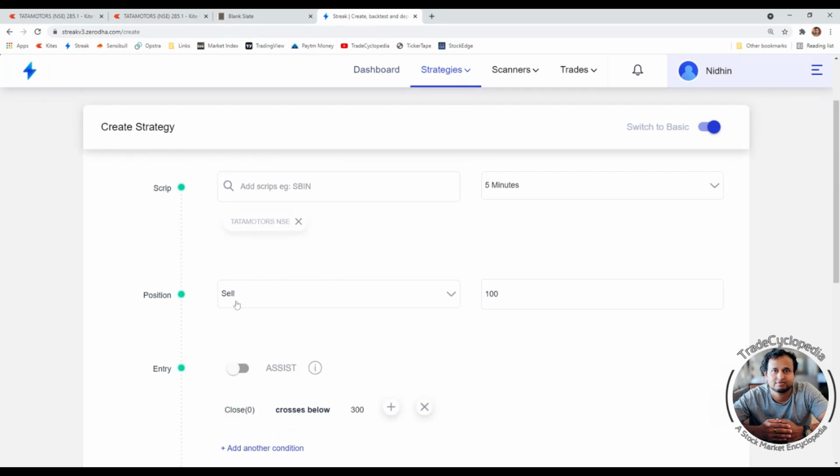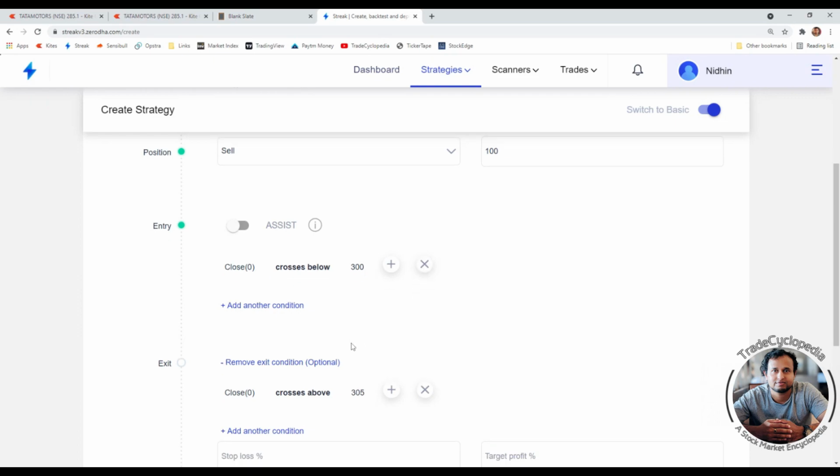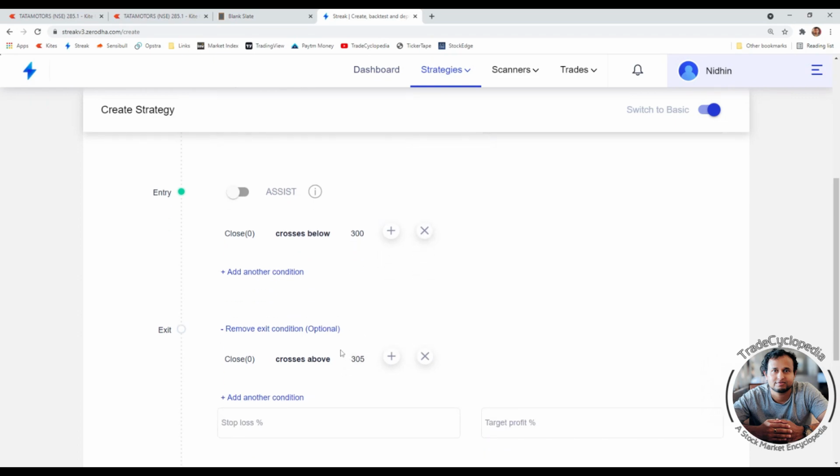I'll be getting a sell entry if close crosses below: whenever Tata Motors is trading above 300 and suddenly falls below 300, it will be shorting 100 quantities. It will be selling 100 quantities of that order. But if that trade reverses, and the stock closes above 305, then it will exit this position automatically at 305. So total 5 points loss. You can work that way.